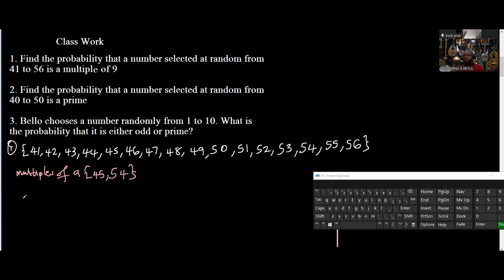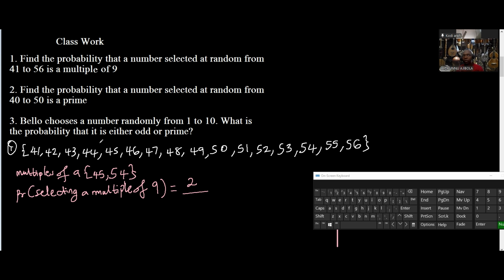So, the answer will be the probability of selecting a multiple of 9. It is going to be the number of multiples of 9, which is 2, over the total number of entries.